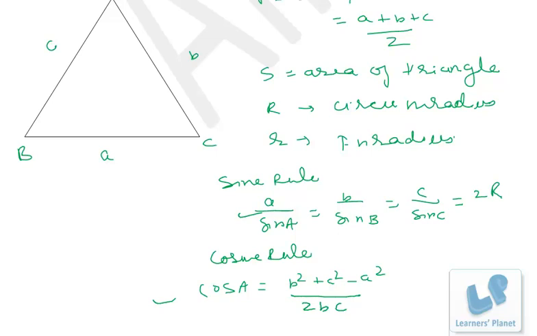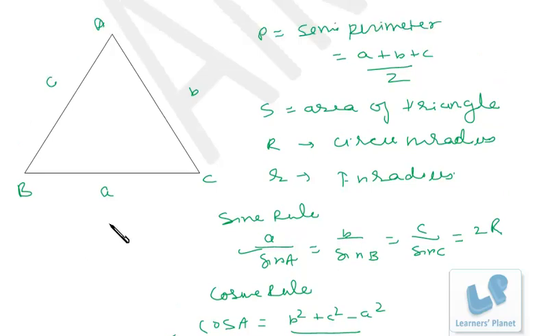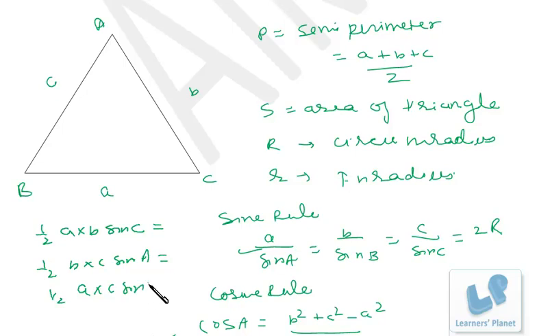Okay. Now friends, using sine rule or sine formula, we can even calculate the area of the triangle, right? Area of any triangle can be given by half a into b sin C, or half b into c sin A, or half a into c sin B, right?